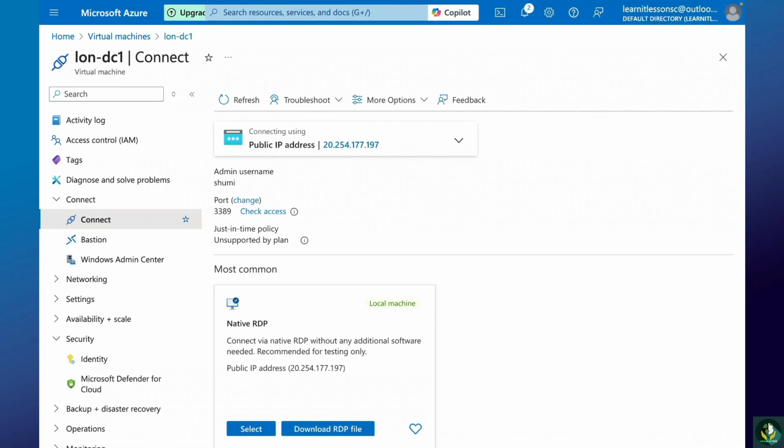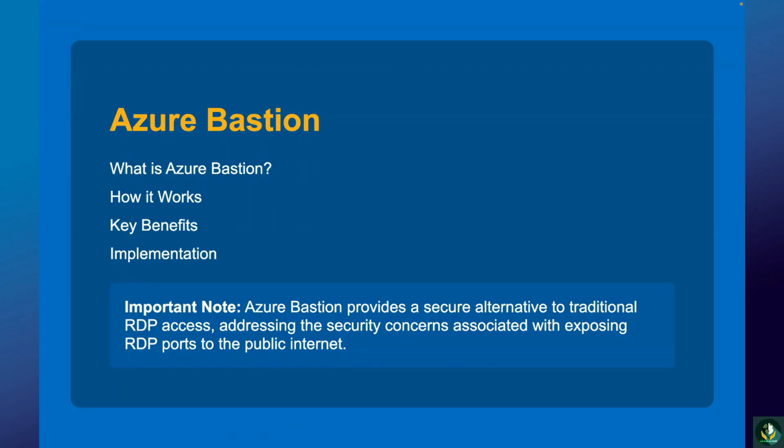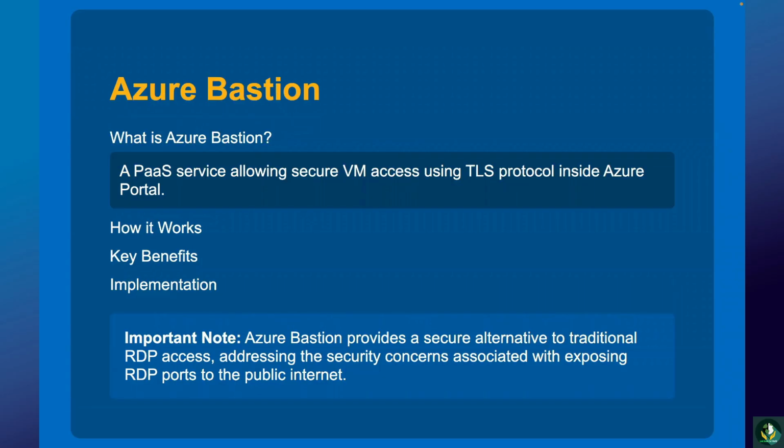And there is one more option I'd like to cover here. If we go back to the presentation, as you can see, the option is using Azure Bastion. So what is Azure Bastion? Well, the previously discussed methods of access offer various levels of security. They all rely on connecting to VMs using the remote desktop protocol.